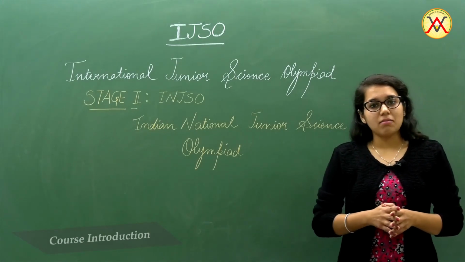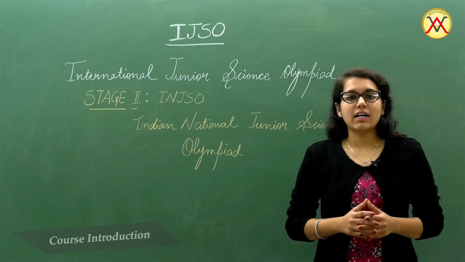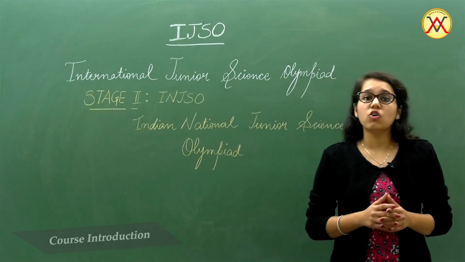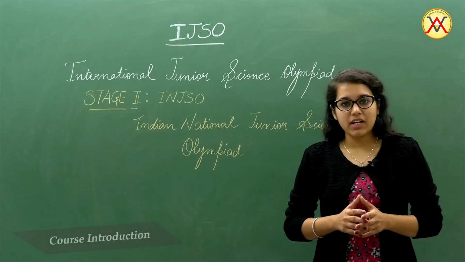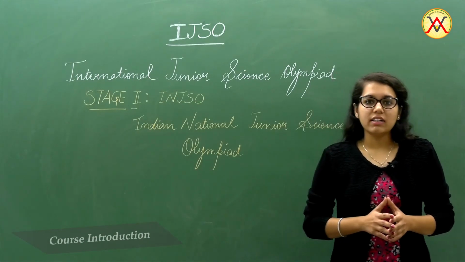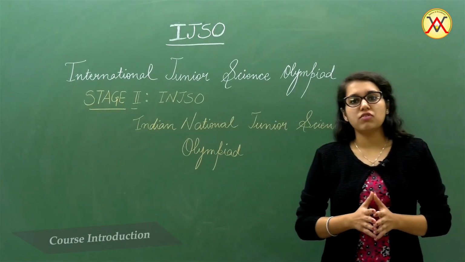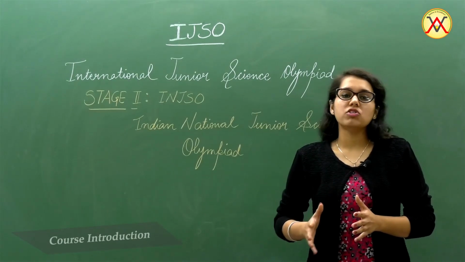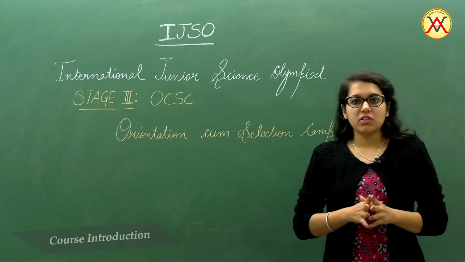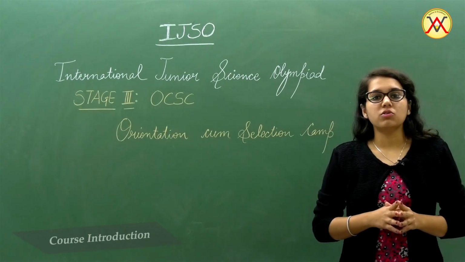This second stage is organized and conducted by HBCSE, the Homi Bhabha Centre for Science Education. It is conducted across 15 centers in India, and finally about 30 or 35 students qualify this stage and move on to the third stage. Now we'll move on to the third stage of IJSO, which is OCSC.